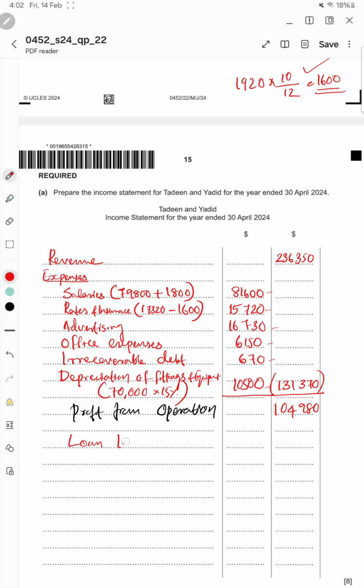Loan interest is 1,200. Deduct it, then you will get 103,780. That will be the profit of the year, or net profit for the year. So this is the way to calculate the income statement, net profit from the partnership accounts.